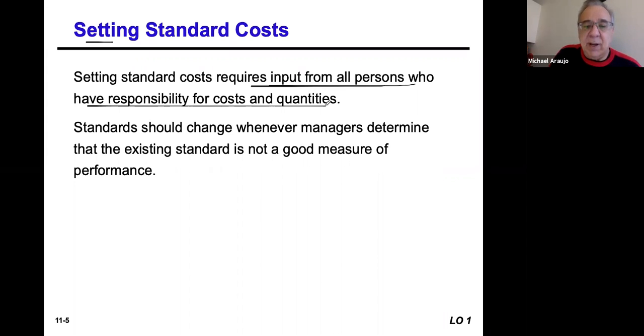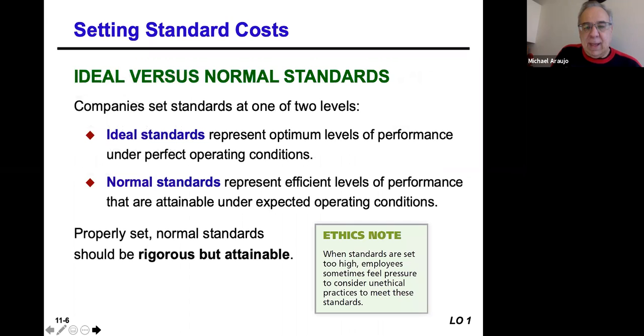This is important to understand. So standards are basically set with all this information. Management has a few choices to make. And again, companies do set standards. They say it's at one of two levels, but it's really at just one level.